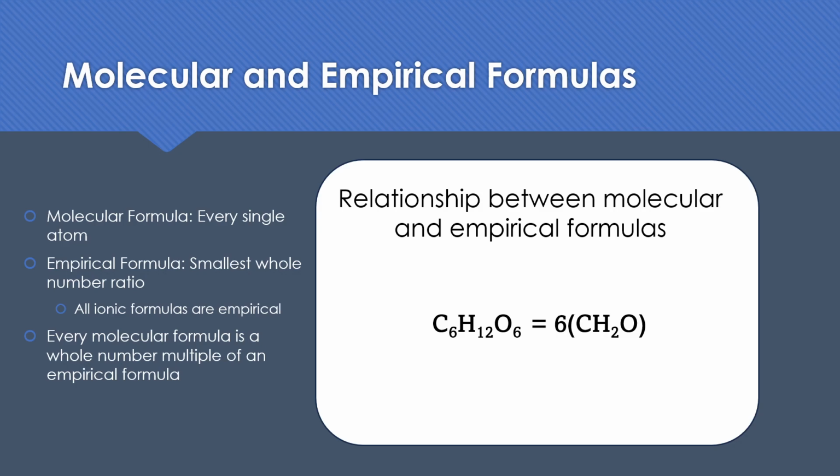So that's the relationship between the molecular and the empirical formula. So to reiterate one last time, the molecular formula tells you there are exactly these atoms in this molecule. The empirical formula tells you this is the ratio of atoms, and you always simplify as much as possible. So you don't say it's 2 to 2 to 2, you would say it's 1 to 1 to 1.